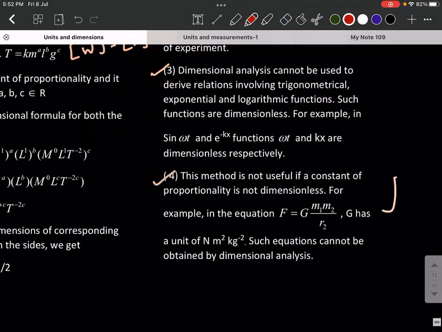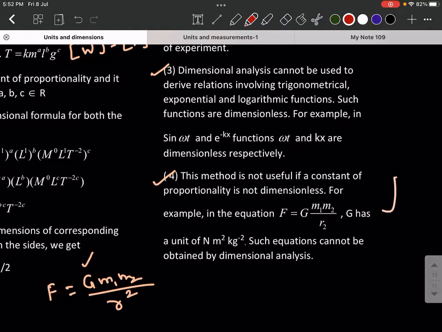This method is again not useful in the places where the constant that we introduce is not dimensionless. For example, if you have a formula F is equal to G M1 M2 divided by R square, the G is what? It is the universal gravitational constant.